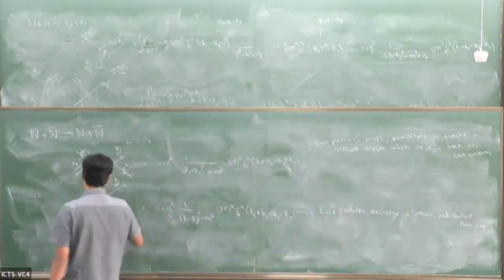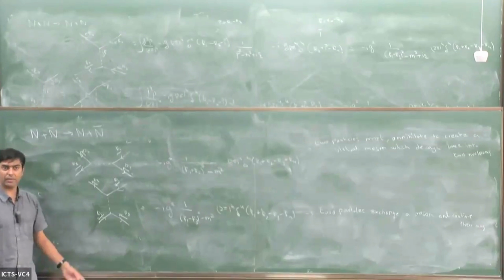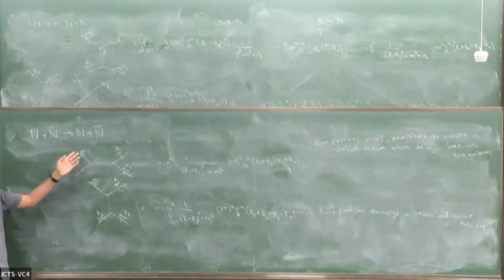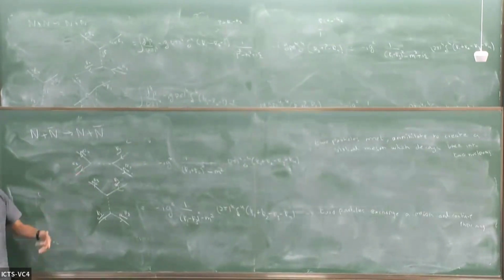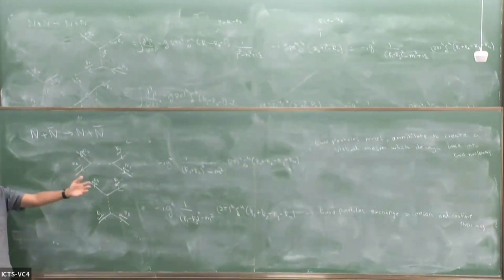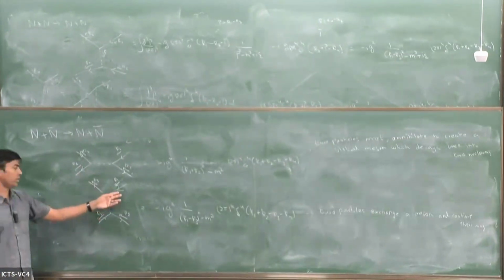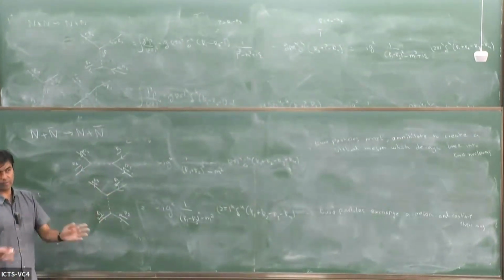So you have a nucleon and antinucleon, they never actually meet and annihilate, they just exchange a meson and keep going. So there are two kinds of physical things that can happen. The nucleon and antinucleon can meet, produce something which has zero charge, which can then decay back, or the nucleon and the antinucleon can just exchange something and keep going.